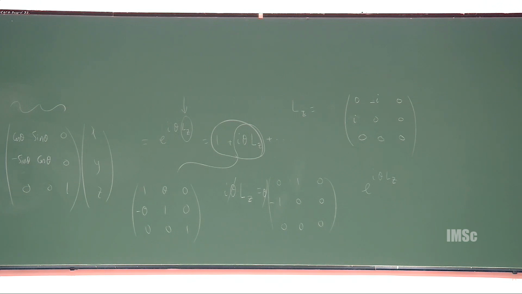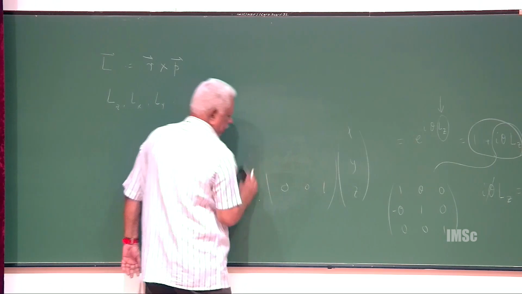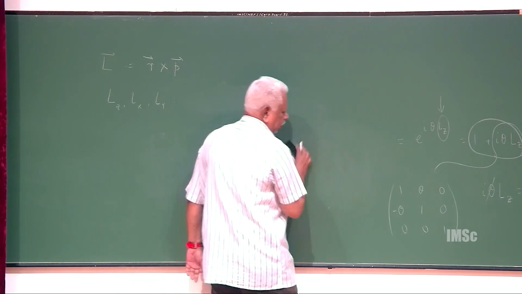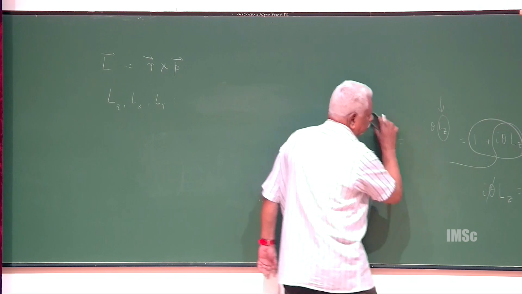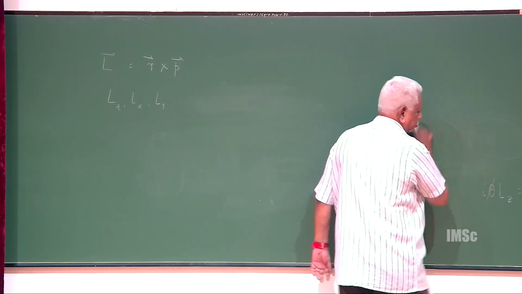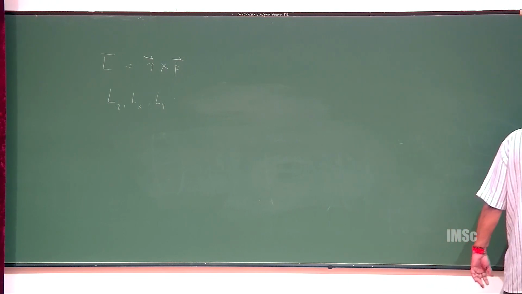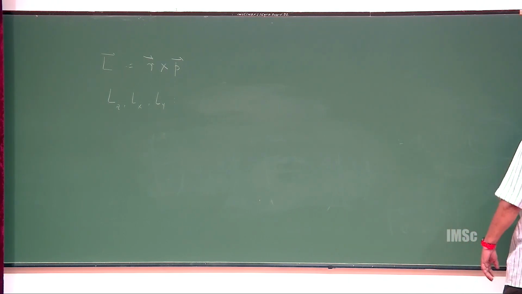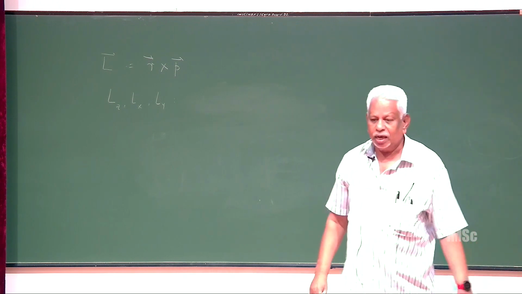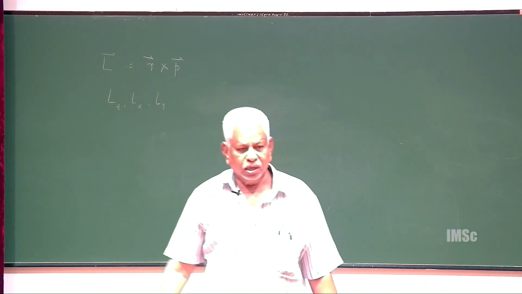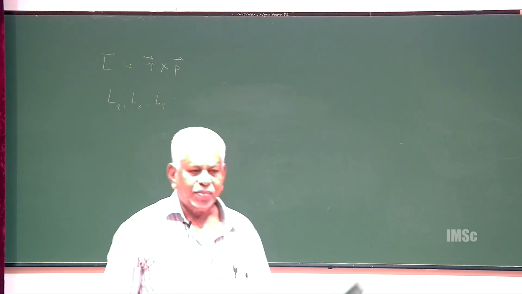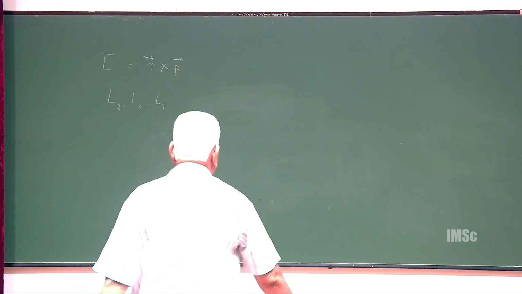So I told you what is LZ. Similarly, I can work out what is LX, and I can work out what is LY, by considering the same kind of matrices which I wrote.